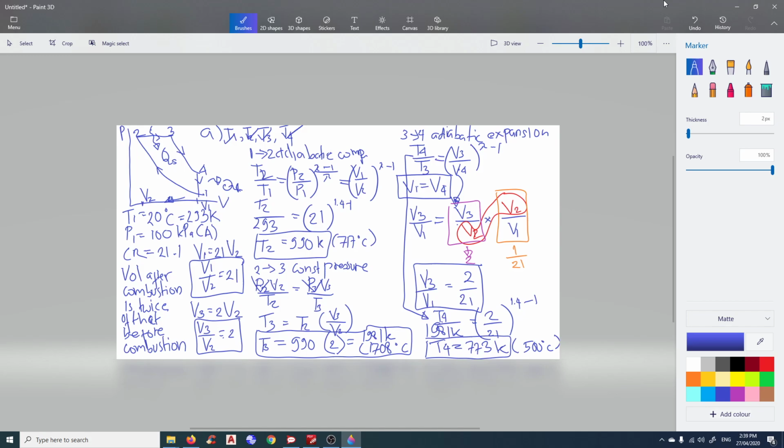Next question is question B. Question B is asking the work done per kilogram of fuel. It's the same as the Otto cycle before. What is the work being done? Let's clear the board.